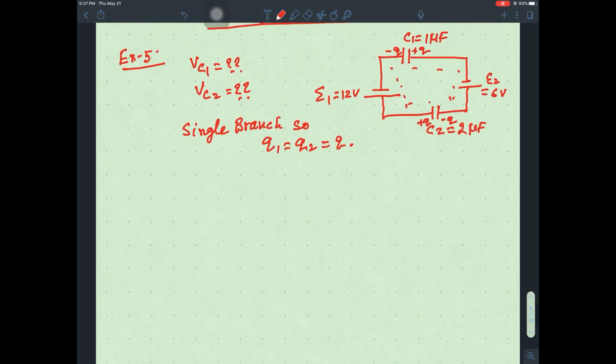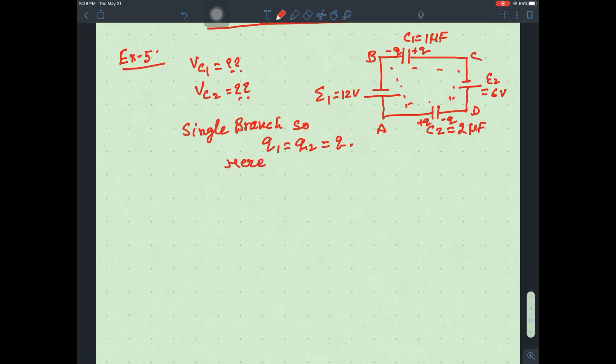Now we will apply the same concept of potential difference. If we consider this point as the A point, this point as the B point, this point as the C point, and this point as the D point, then try to understand how I am writing the equation.